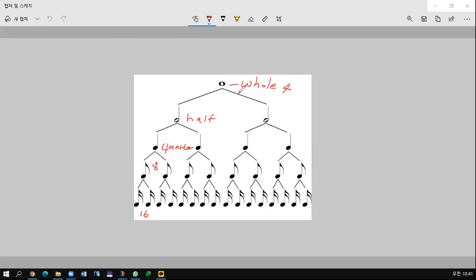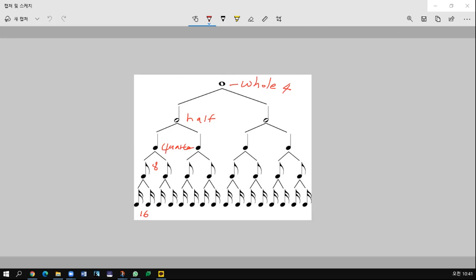Okay, so if you look at this picture, 2 half notes equal 1 whole note. 4 quarter notes, 2 half notes, and then 1 whole note. And then how many 8th notes to a whole note, we have 8th, right? And then 16th. I posted this image to our Google Classroom, the lecture video.